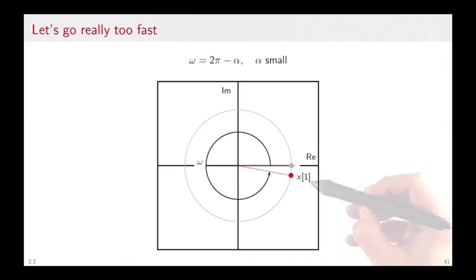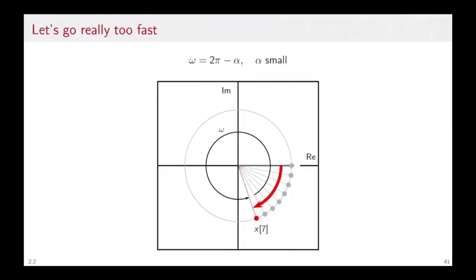So here we have an example of x1, which is 2 pi minus alpha away, but is also minus alpha from the real line. And if we do this, we see now that we have the sense of a negative frequency.